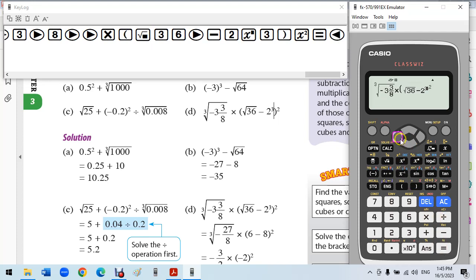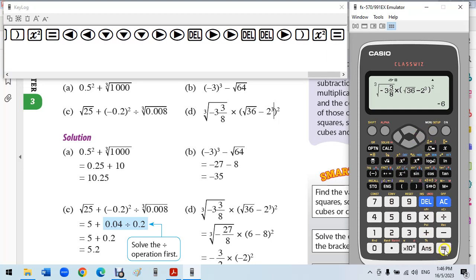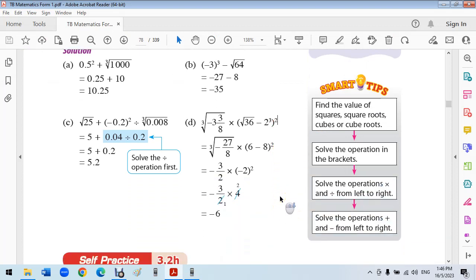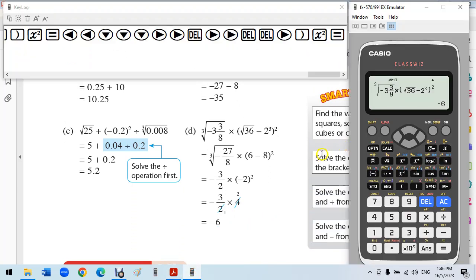Okay, oh, math error. This one square, negative 6. Okay, so this is the calculation that we can use for Form 1 chapter 3.